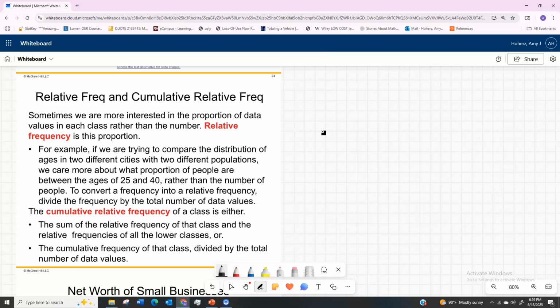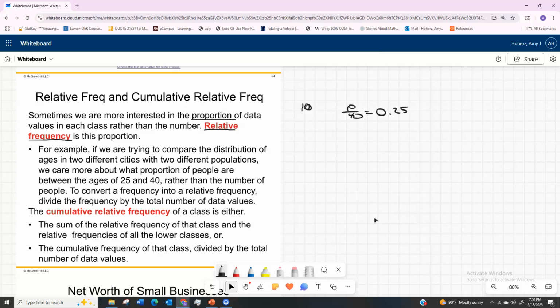So again, we care not that it's 10 of your subjects in a certain category, but that the 10 out of 40 is 0.25 of the entire data set. And so we want to put in the graph these proportions, or relative frequencies, instead of the actual number 10. So remember, proportions are the relative frequencies.